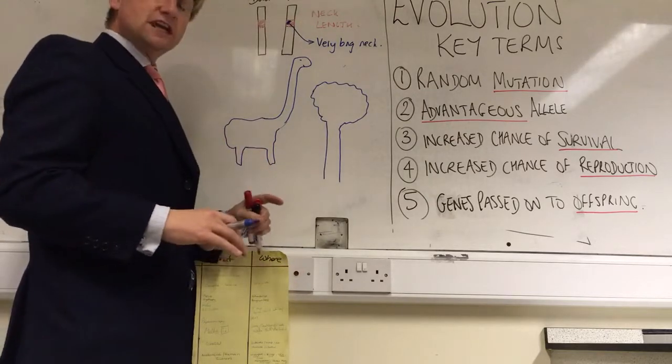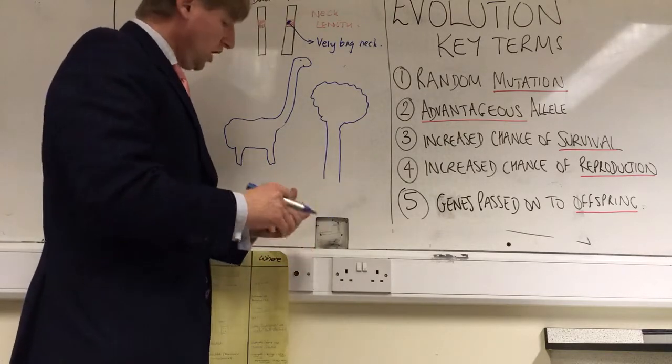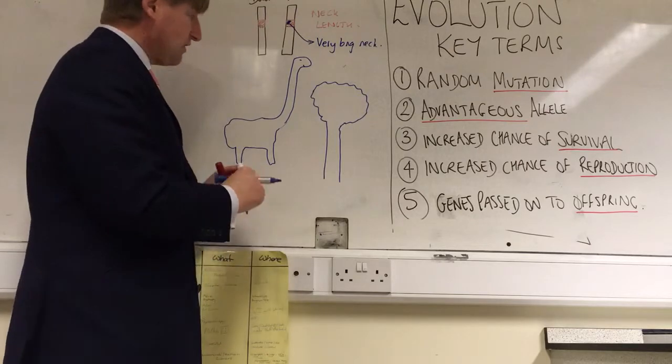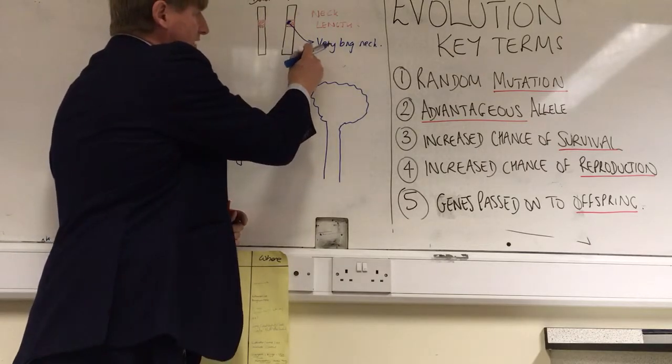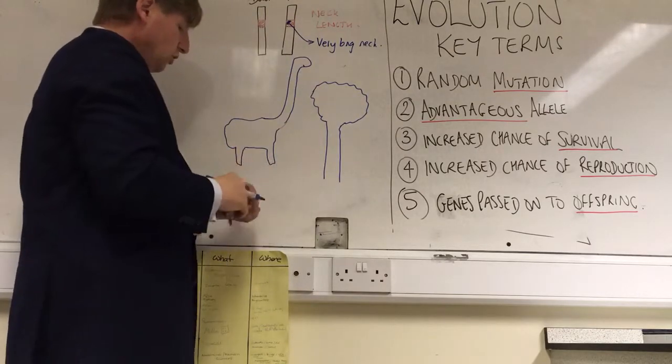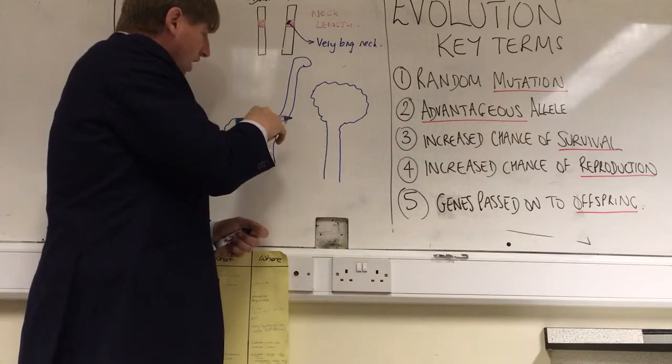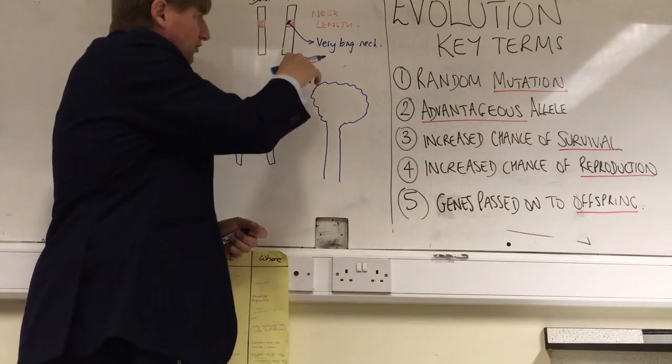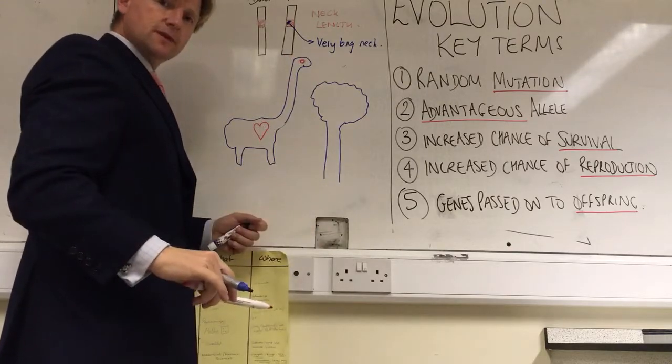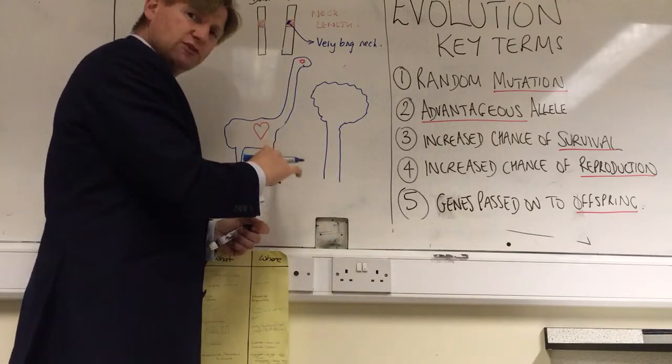This may not be advantageous to have a neck that's too long, because if we have a very, very long neck, the brain is all the way up here. So we need a massive heart that can pump blood all the way up to the brain. That involves a lot of muscle.